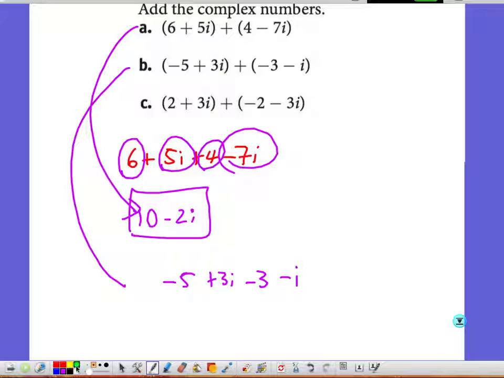Okay, again, we want to combine like terms. Here we have -5 minus 3 is -8. And then 3i minus i is going to be positive 2i. Again, we're treating i like a variable, and so that's how that works. Alright.